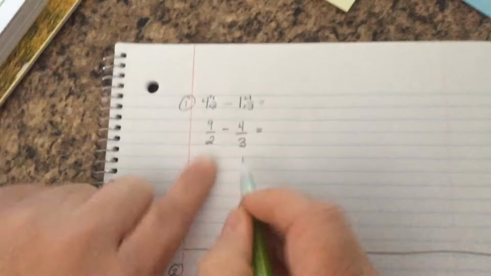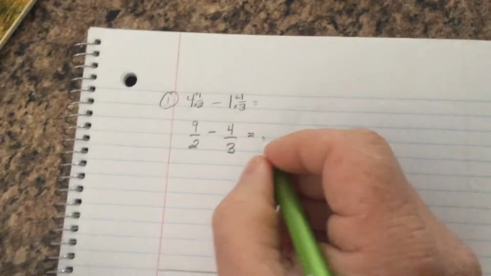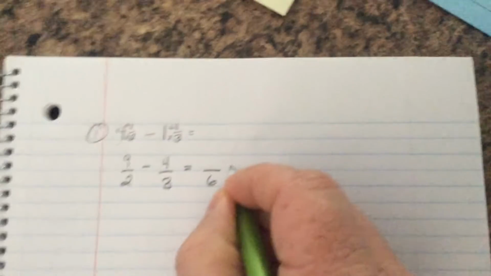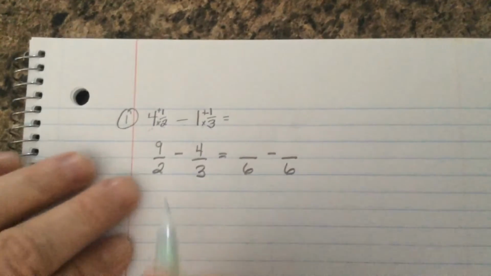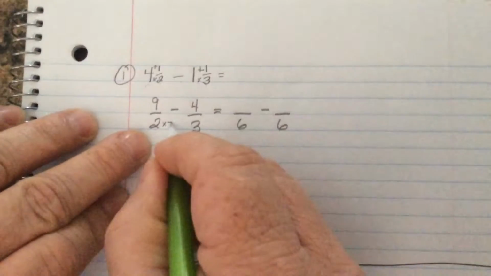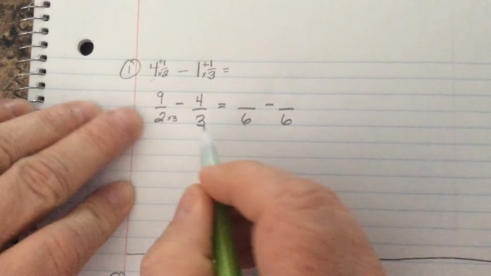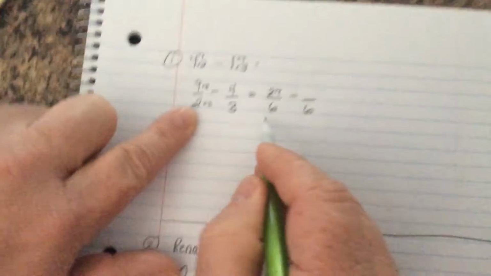Now we find a common denominator, or least common multiple, of 2 and 3, which is going to be 6. So we're going to change both fractions to sixths. 6 is the third multiple of 2, so we multiplied 2 times 3 to get 6. So we have to multiply the top by 3. 9 times 3 is 27. So 9 halves is equal to 27 sixths.